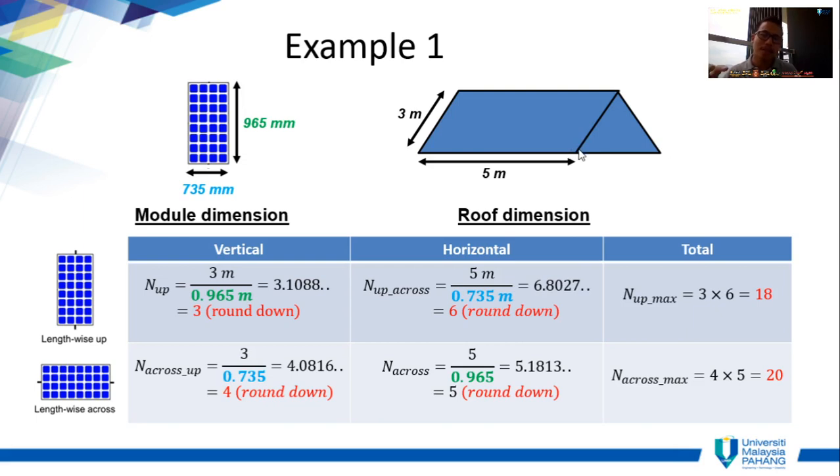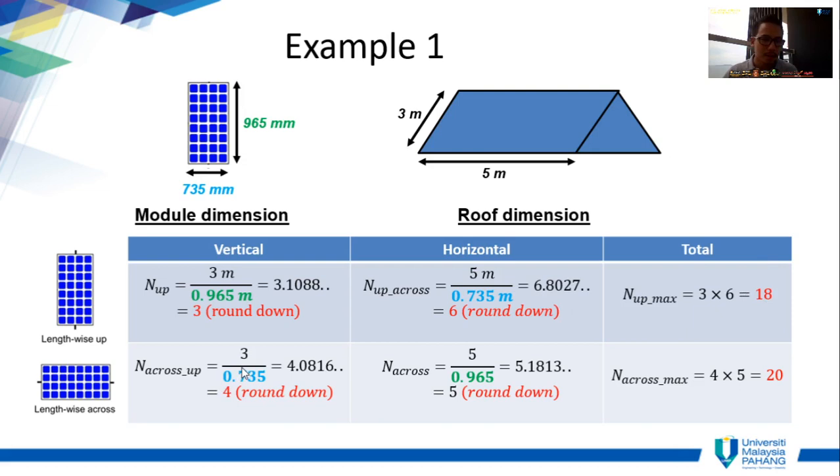So the module will come up from the roof, which is totally insecure. So you cannot round it up, you round it down. So the total number of modules that can be installed by using the lengthwise up arrangement is 3 multiplied by 6, which is 18. Okay, so we get 18 modules here.